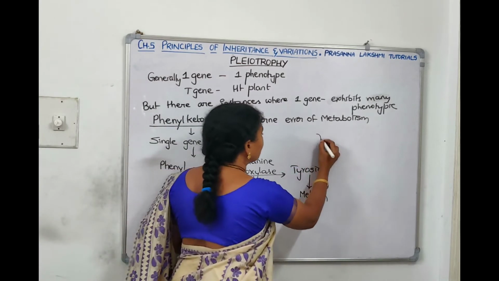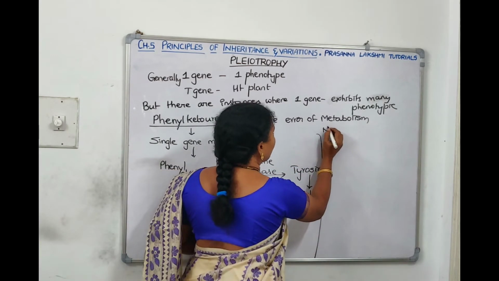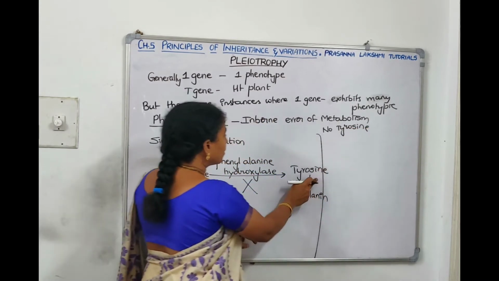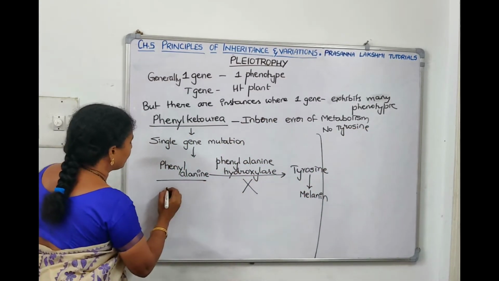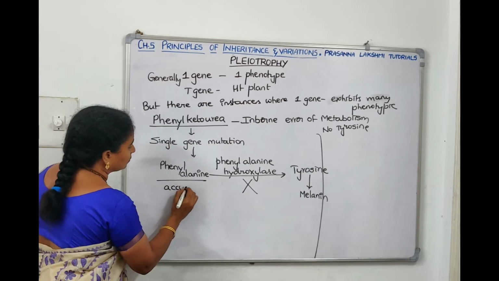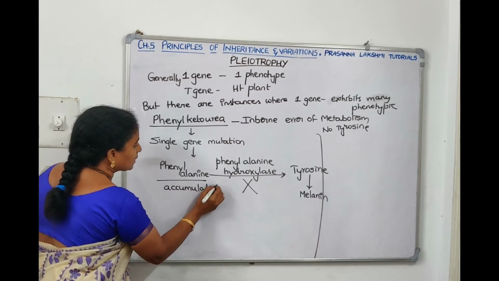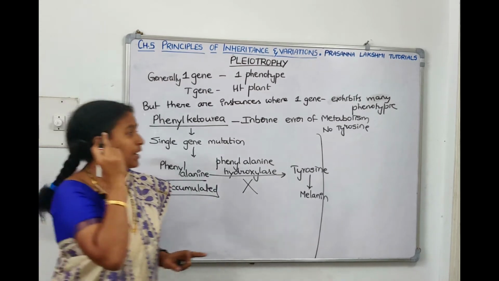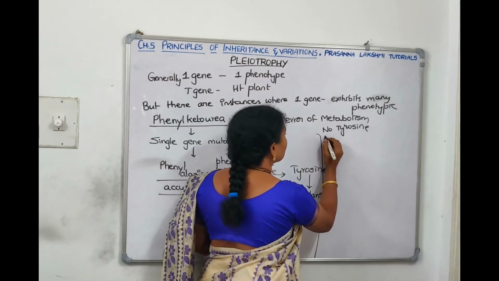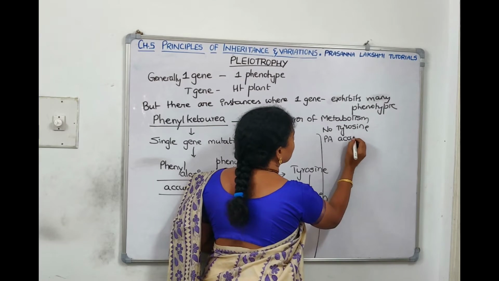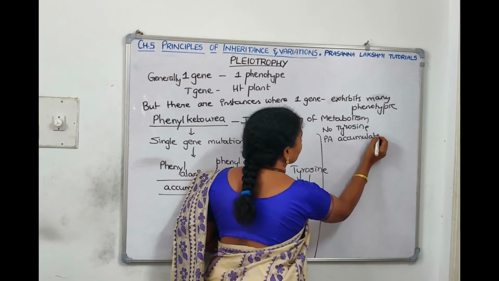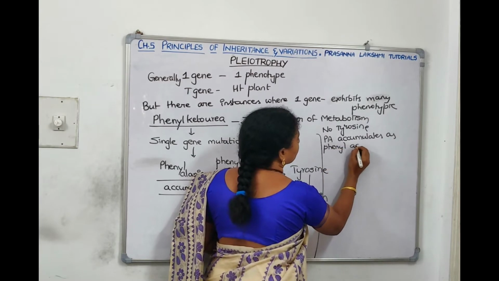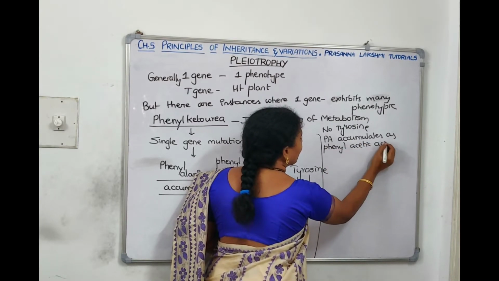So what are the effects we will see? No tyrosine. If there is no tyrosine, then phenylalanine gets accumulated. Where does the phenylalanine get accumulated? It gets accumulated in the brain, as phenyl acetic acid and phenyl pyruvic acid.